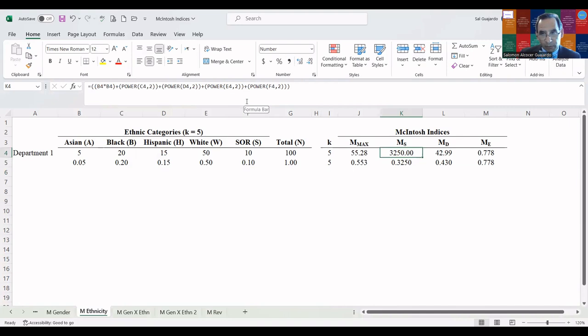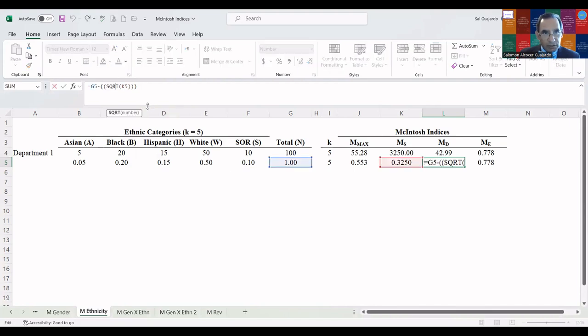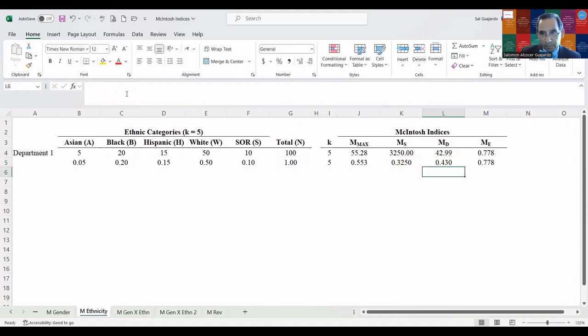And use the same formula for the frequencies. So to obtain the McIntosh diversity score with use of percentages, it's going to be 1 subtracted by the square root of K5.